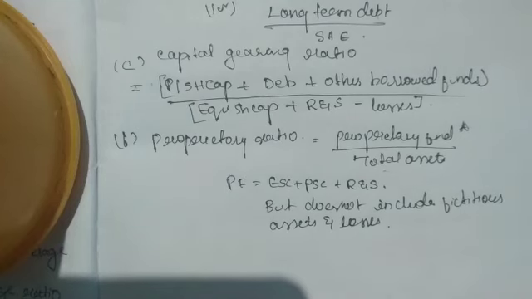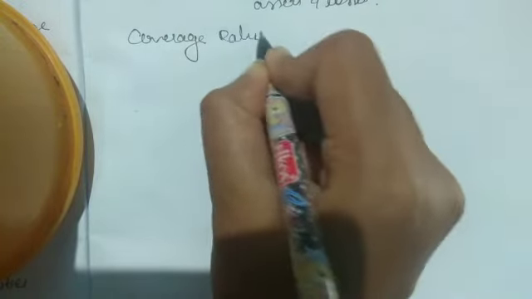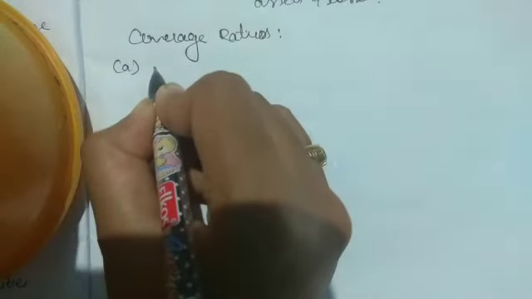Now we will see the coverage ratios. The first one is debt service coverage ratio.